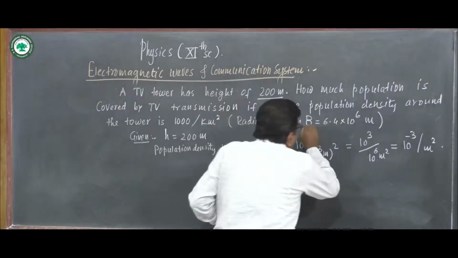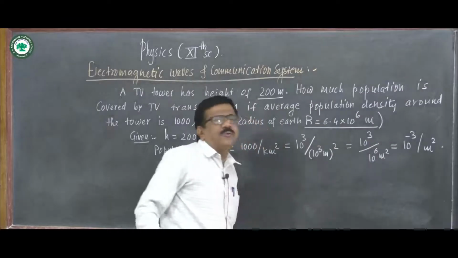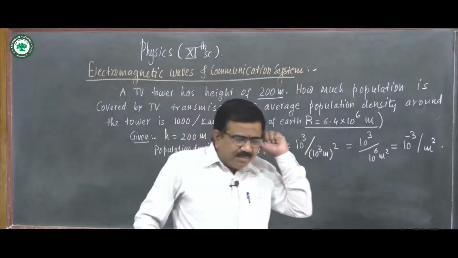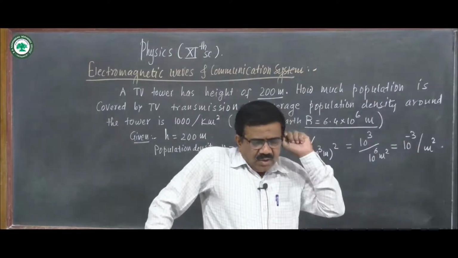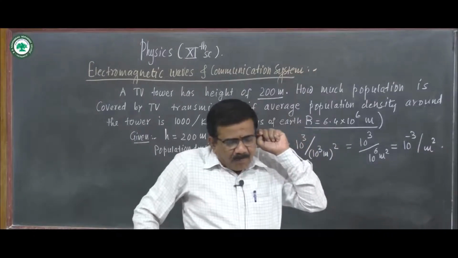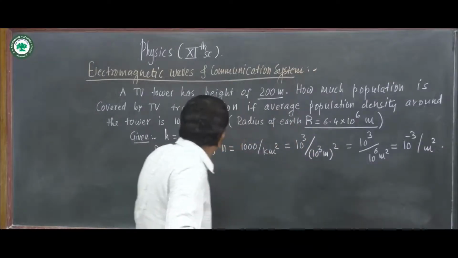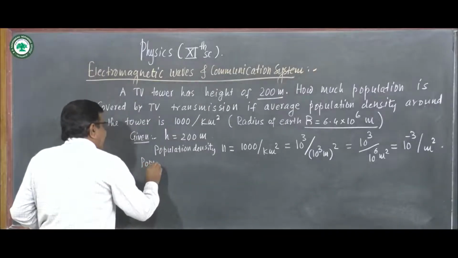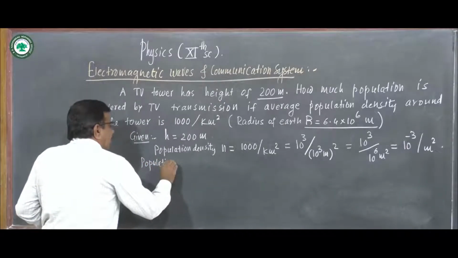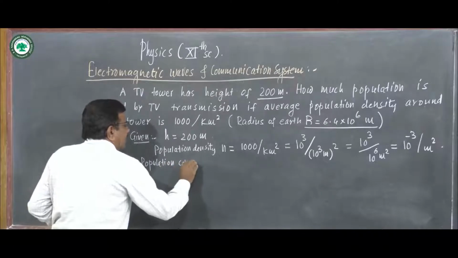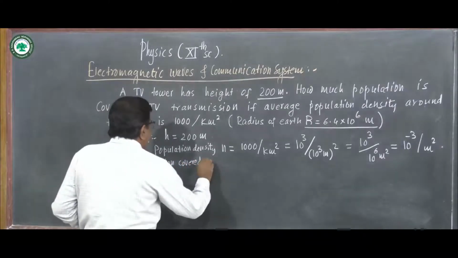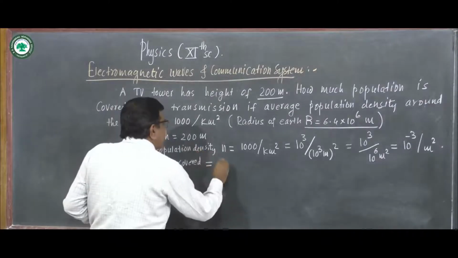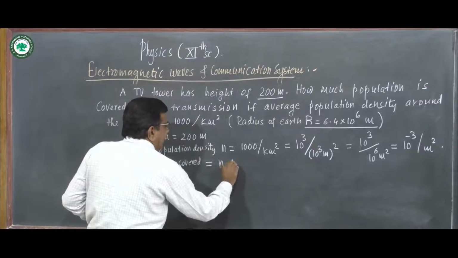Radius of Earth is given, that is 6.4 into 10 raised to 6 meter. We have to find the population covered. Now this population covered is nothing but this population density into area.